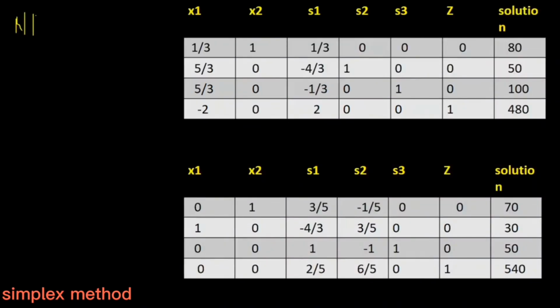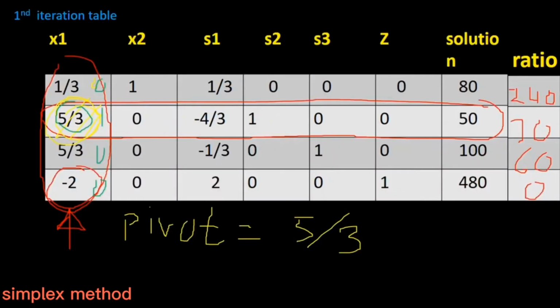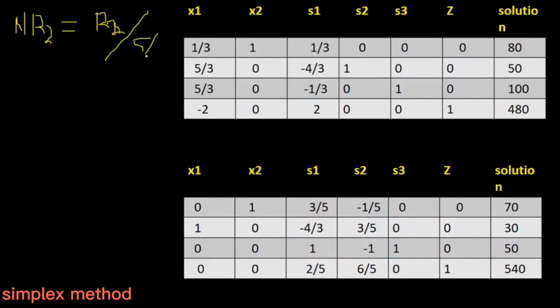New row 2 is equal to what? Row 2 divided by 5 on 3. To have the first one, that is 1.